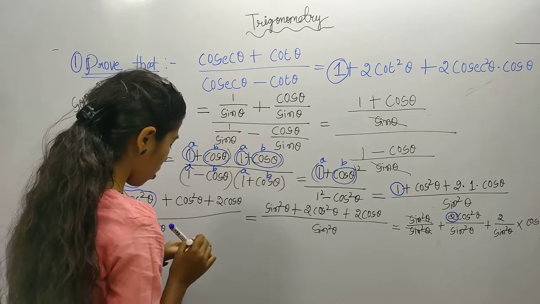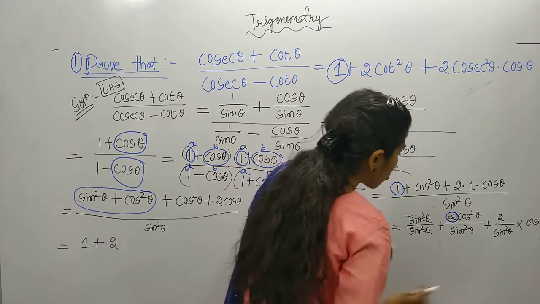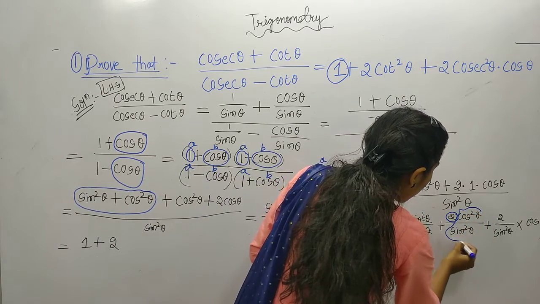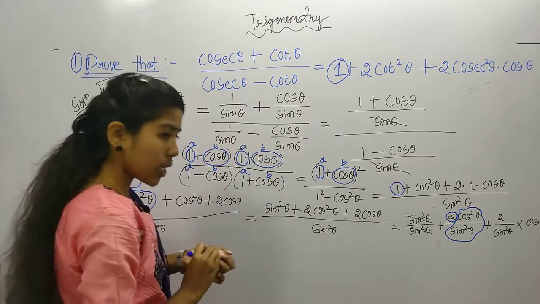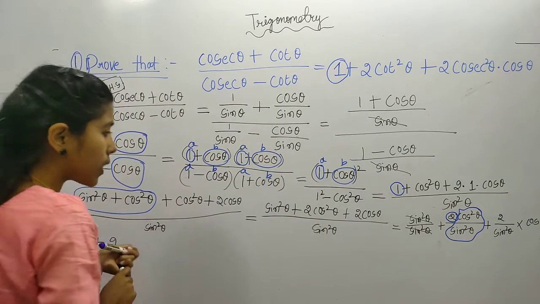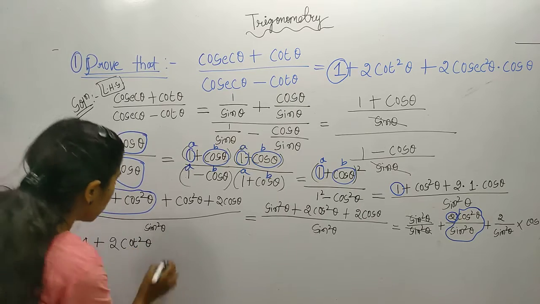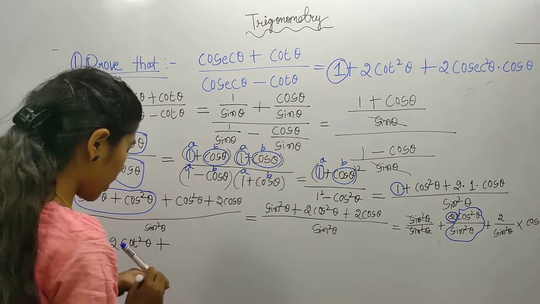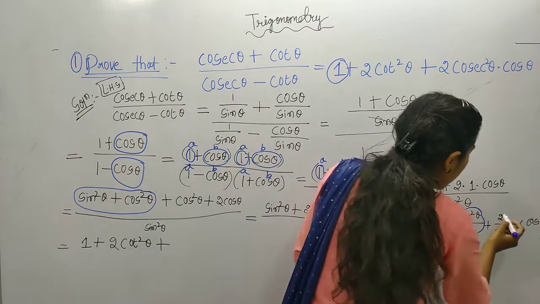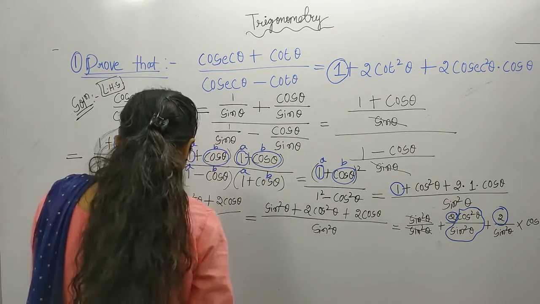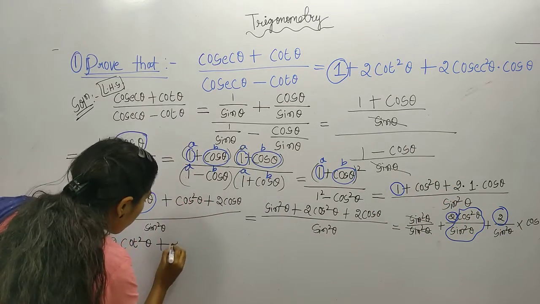Next, cos square theta divided by sin square theta. What is the formula of cos square theta by sin square theta? It is cot square theta, plus. Next, here you see 2 is there, so we can write here 2.